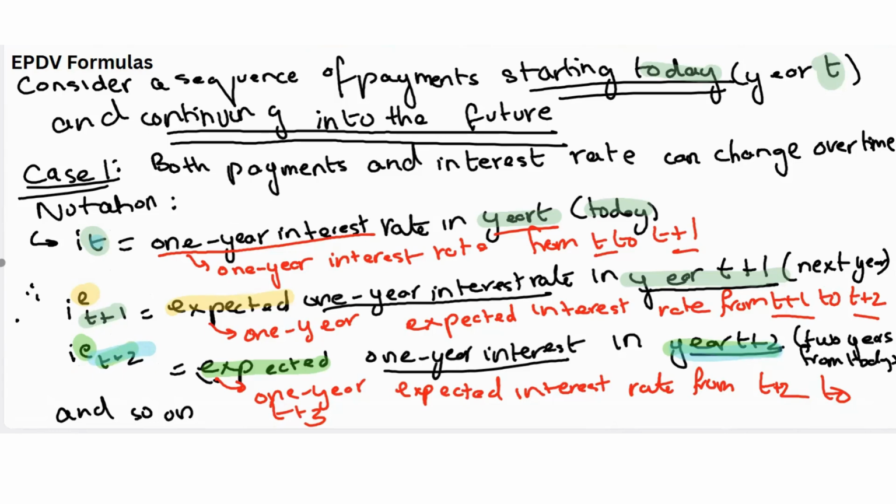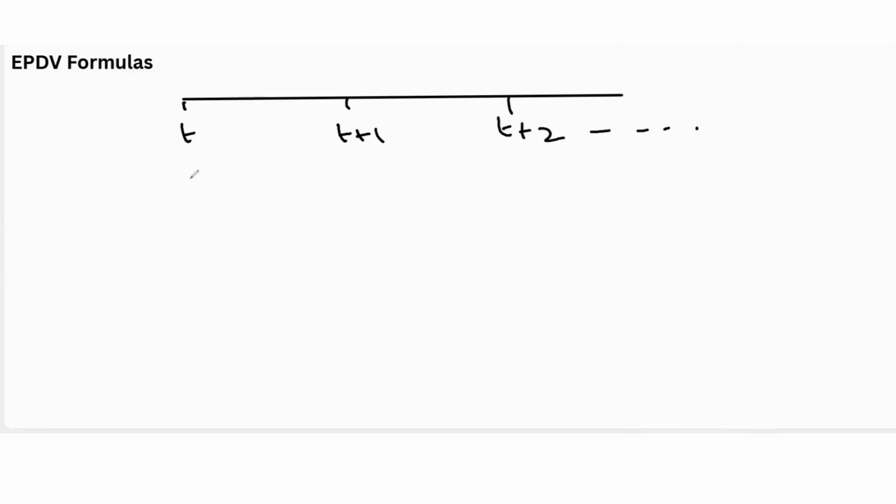So let's make all of this on a timeline. So if we make a timeline here, now this is T, and then you can write this as T plus 1, and you can show this as T plus 2, and so on and on.